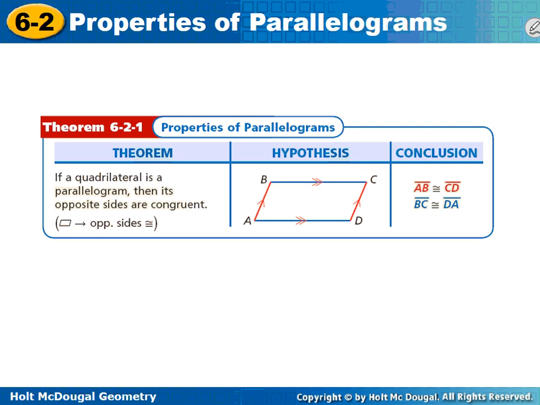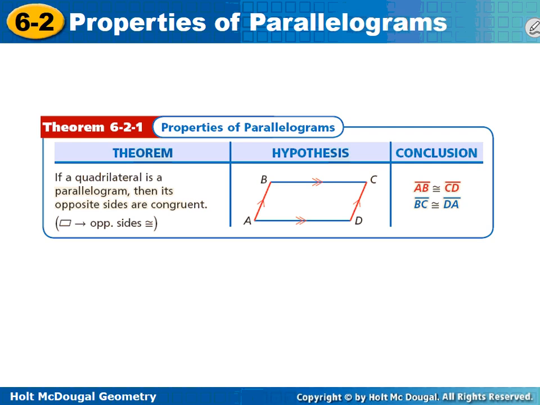Okay? Think about your parallelogram. Go back to chapter 3 in your mind. If you have two parallel lines cut by a transversal, what do you know about these two consecutive angles here? They're supplementary. If these two lines are parallel, what would we know about these two consecutive angles?